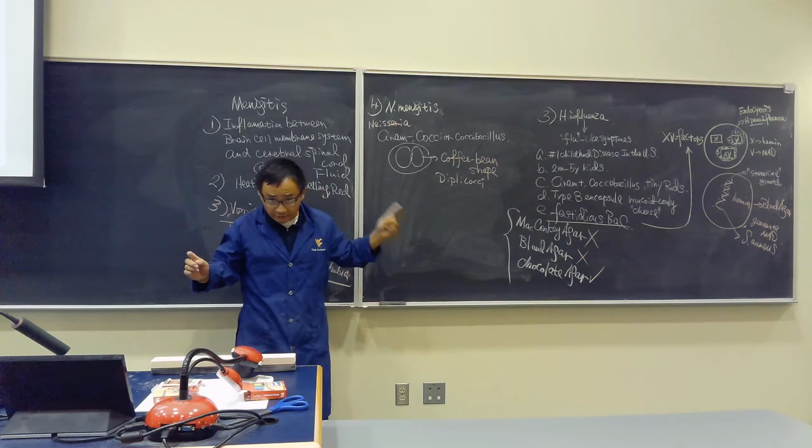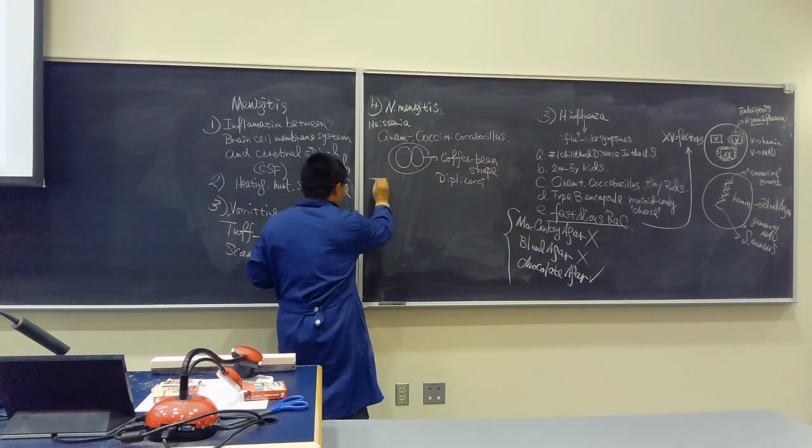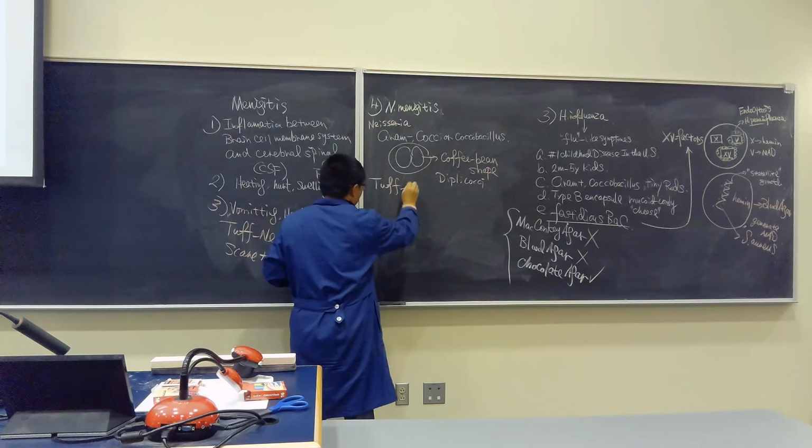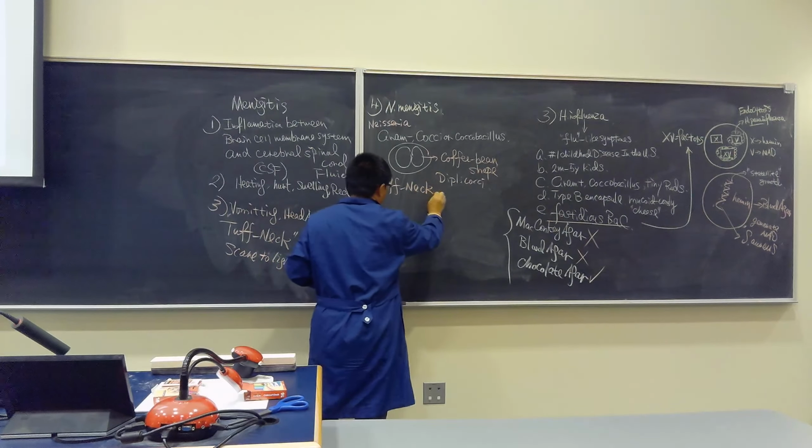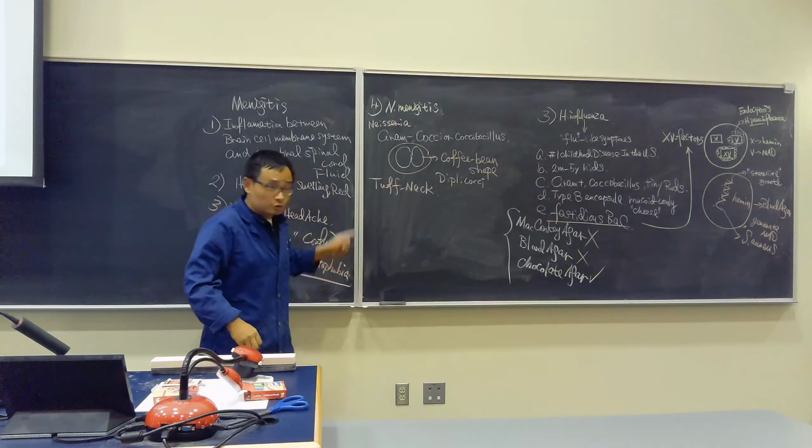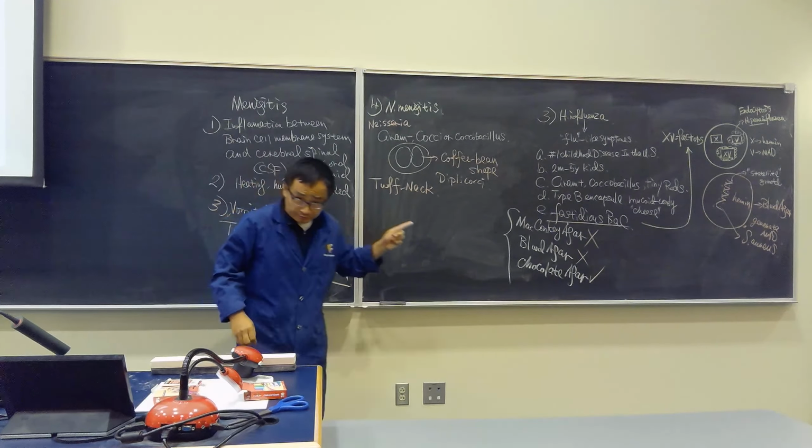If you have a stiff neck, and then you go to see a doctor, and a couple of days later you haven't recovered, the doctor very possibly will get CSF from you, cerebrospinal fluid, and very quickly they can cultivate this bacterium.